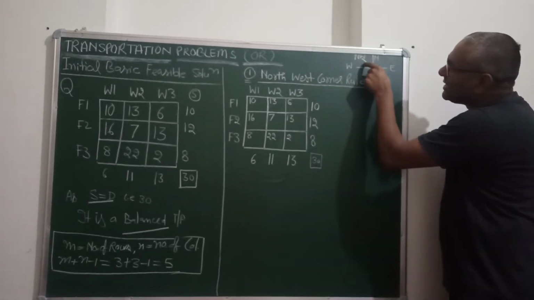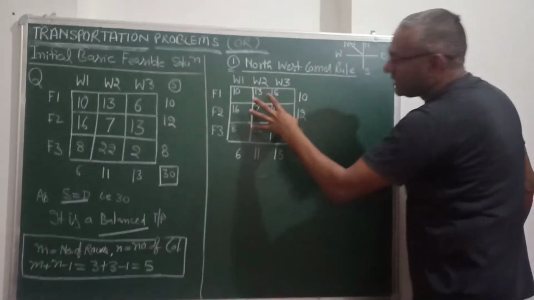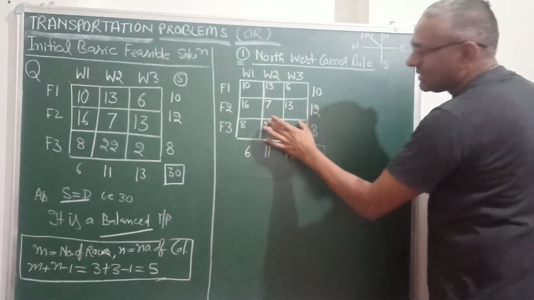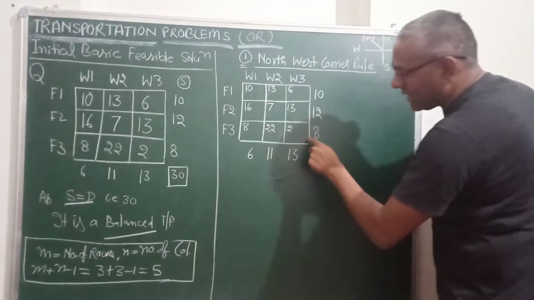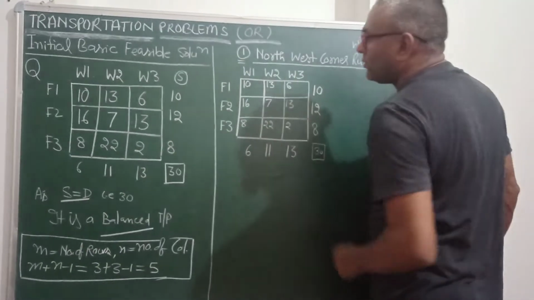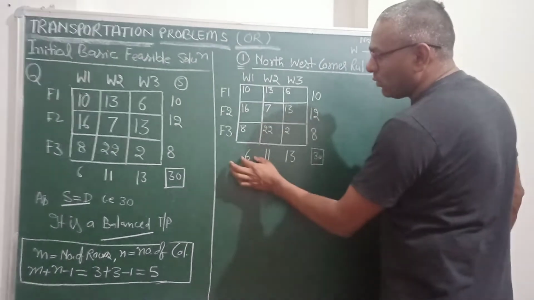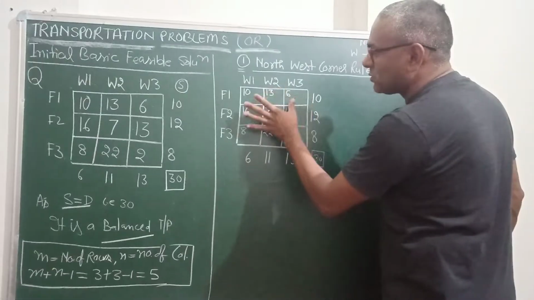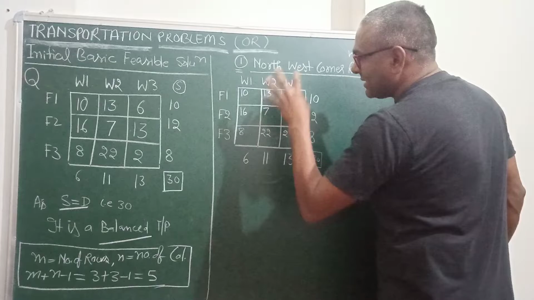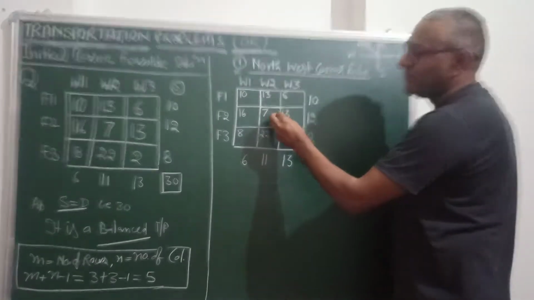Compare it with this diagram and you will see this is the northwest direction. After checking the balancing of the problem, we have to allocate the number of units to each cell in such a way that the cost achieved will be minimum.